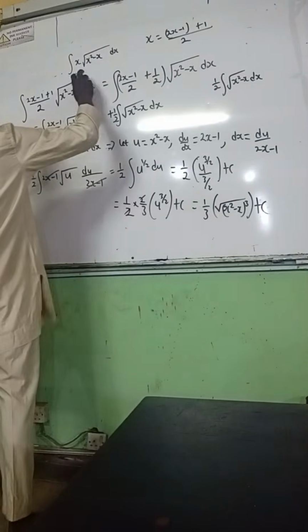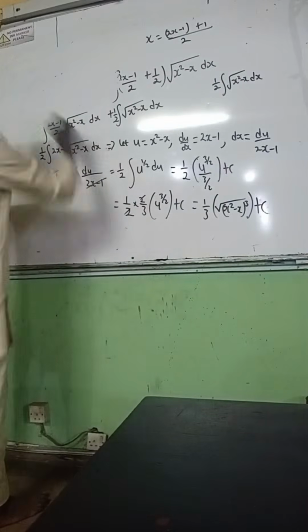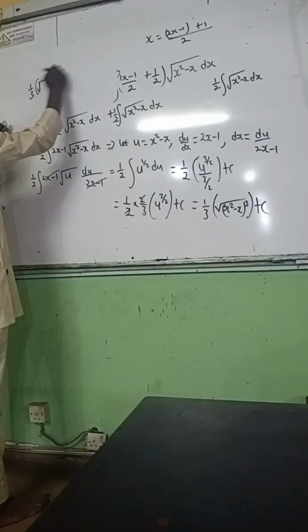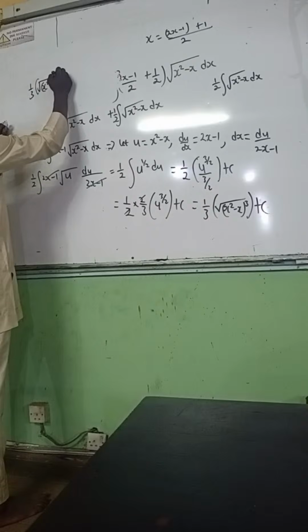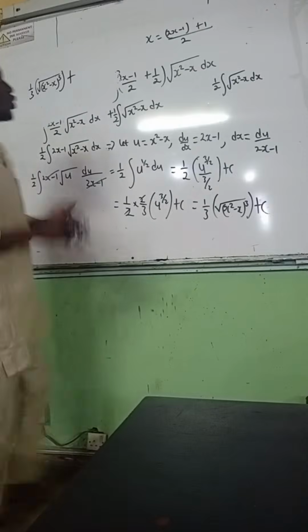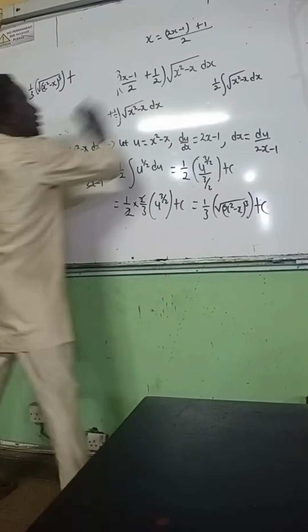So this is the first part. Now our first part, the answer is 1 over 3 square root of x squared minus x, all cubed. Once we solve the other part, we just add it to this one, and we are done.